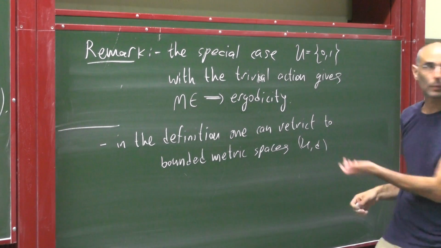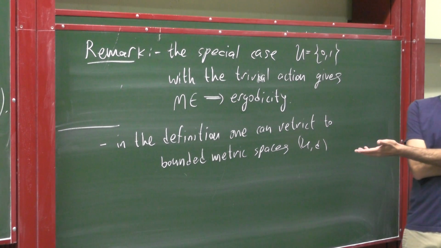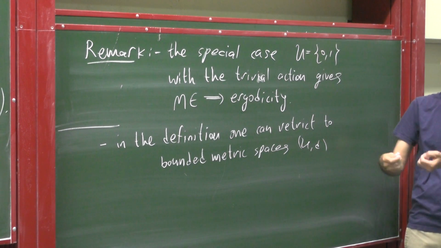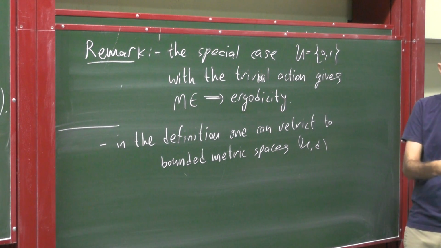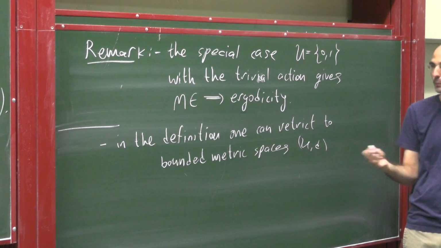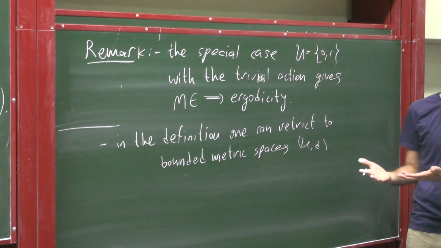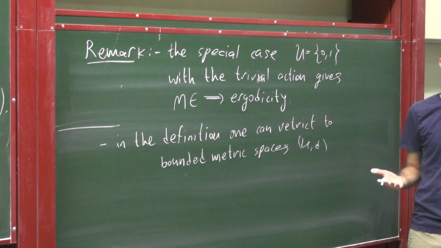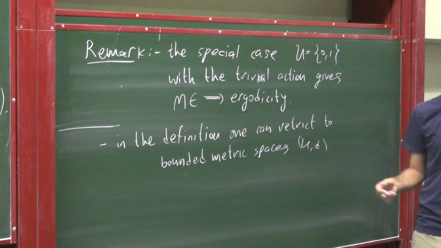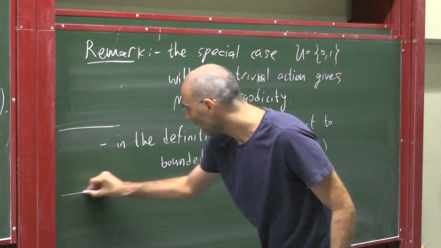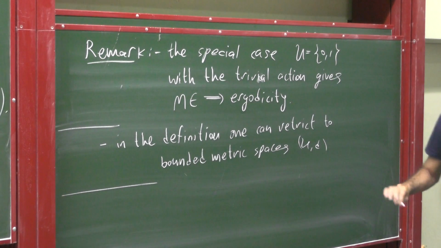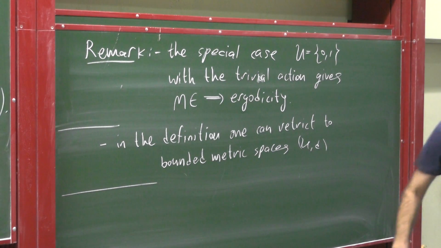So I may assume that the diameter of U is bounded by 1, just by replacing D with the minimum of D and 1. It's another metric which gives the same structure. And the isometry group is just the same. So it doesn't really matter. And sometimes this little observation comes in handy, so I state it right away.